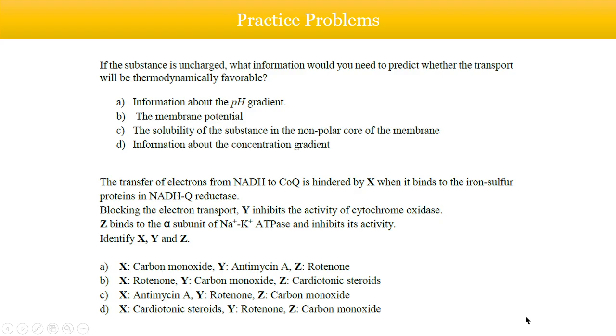For an uncharged substance, its movement across the membrane is mostly driven by the concentration gradient.